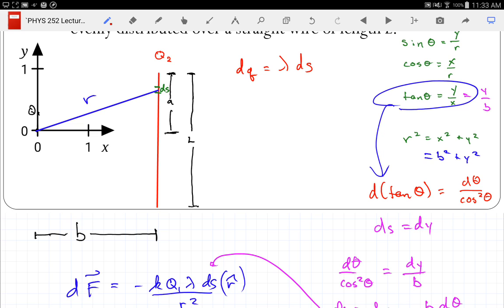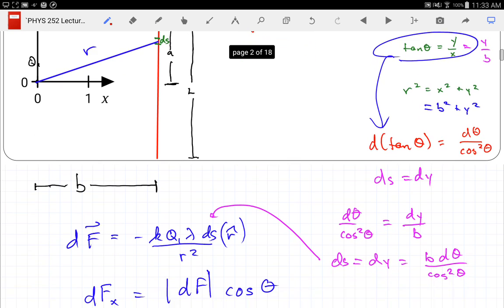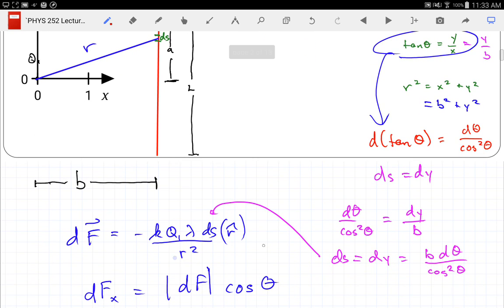The second thing was I chose a little ds here that has charge dq, and I find the force vector between this point charge q1 and that little piece of charge dq, and so that's what this equation was: minus k q1, then the lambda ds, which was my dq, r hat along with the minus sign is what gave the direction, and over r squared.